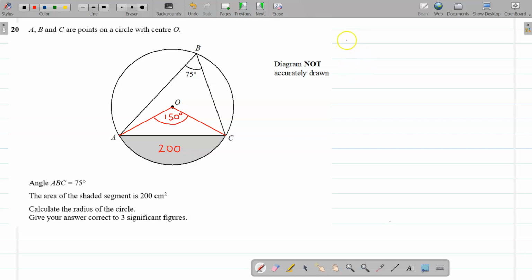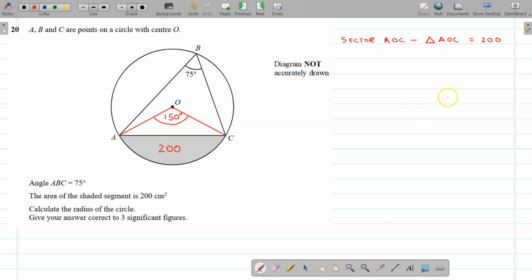So I'm going to put the sector AOC minus the triangle AOC equals 200. That's my sort of opening statement, if you like, to show that I understand the question.